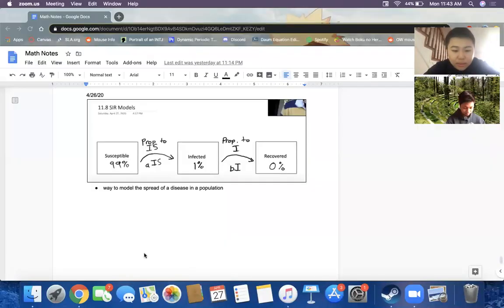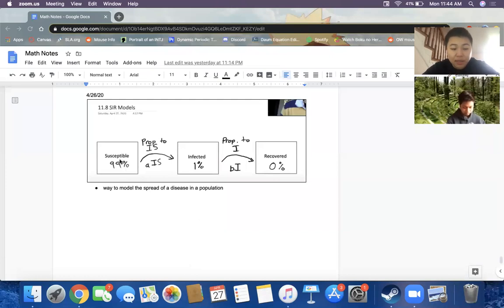All right. So in the last series of videos, we were introduced to this concept of the SIR models. An SIR model is basically a way to model the spread of a disease in a population. Normally when we count how one number changes over time, here we keep track of how three different numbers change.